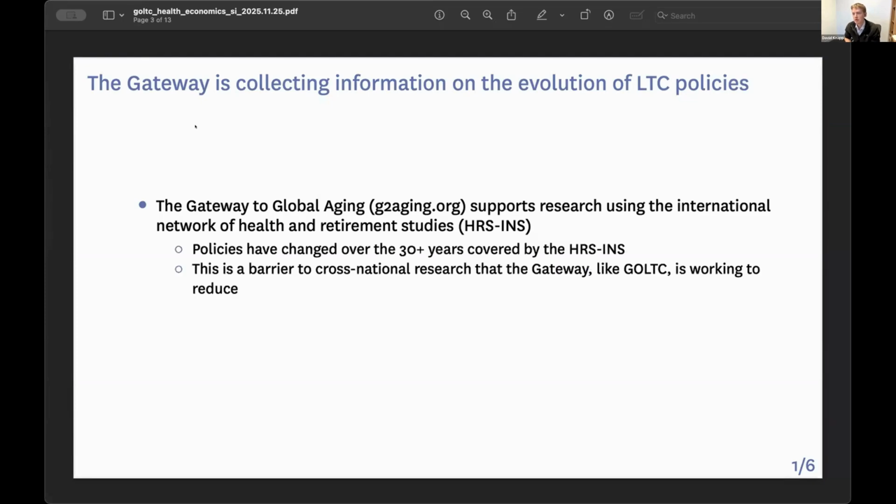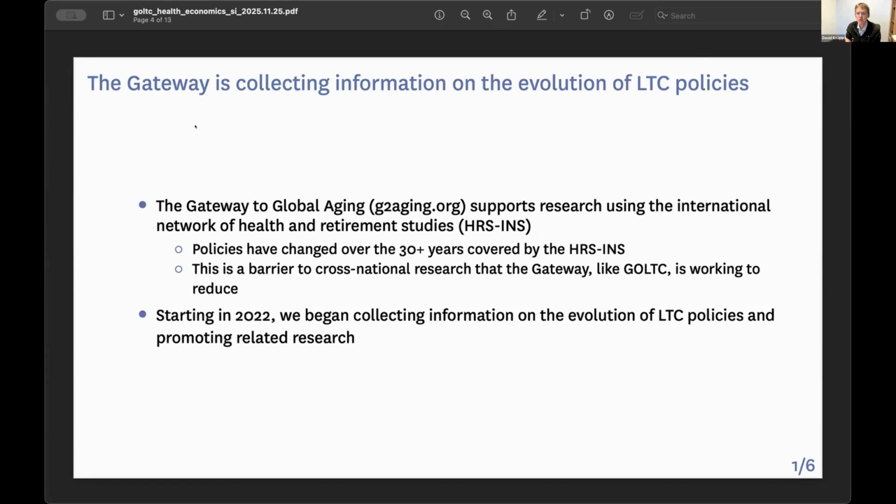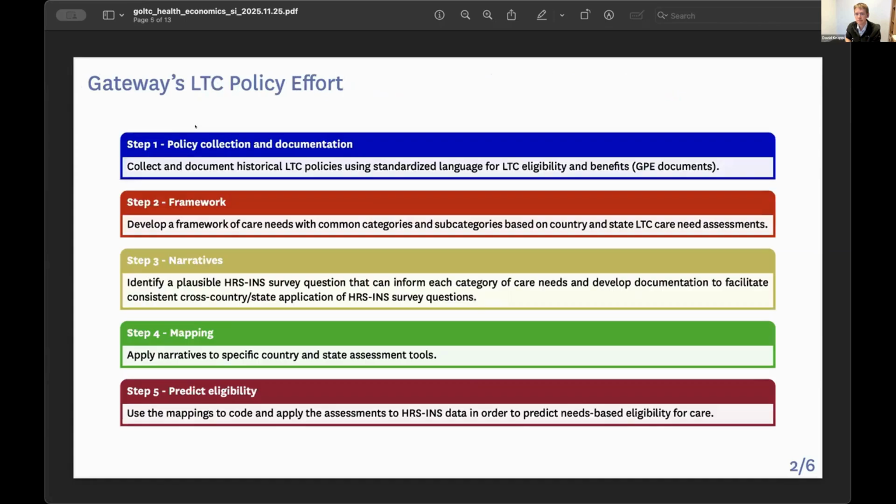An important component of the work that the Gateway does is helping understand and contextualize how policies have evolved over the past 30 years, in terms of the period covered by the international network. And this change in policy is really a barrier to cross-national research that the Gateway, like the Global Observatory, is working to reduce. So starting in 2022, we began collecting information on the evolution of long-term care policies and promoting related research.